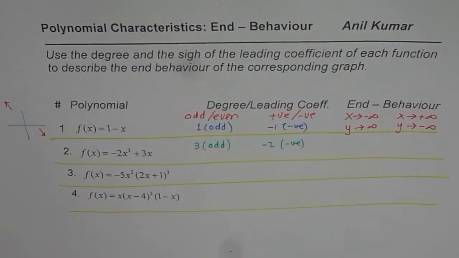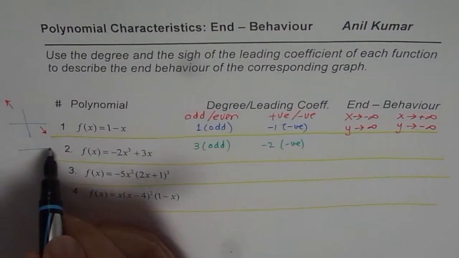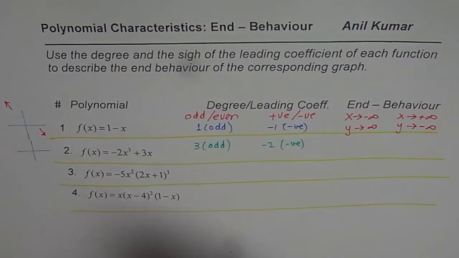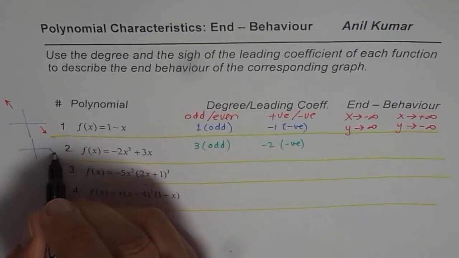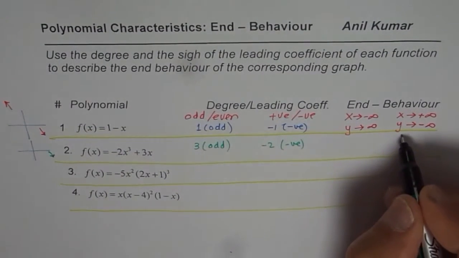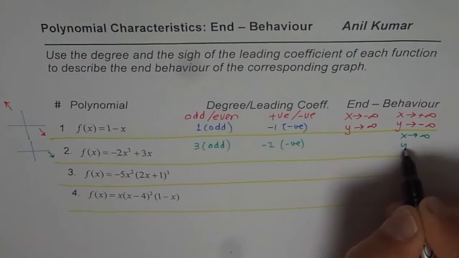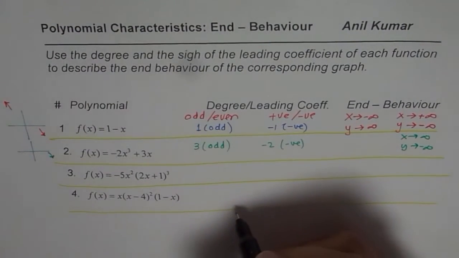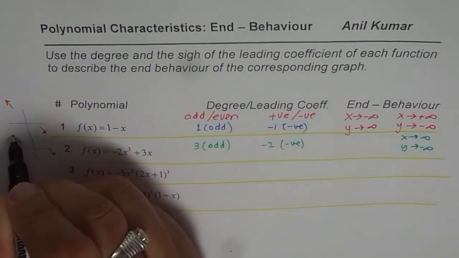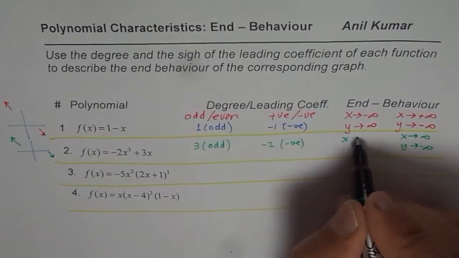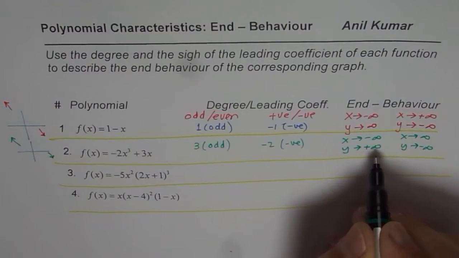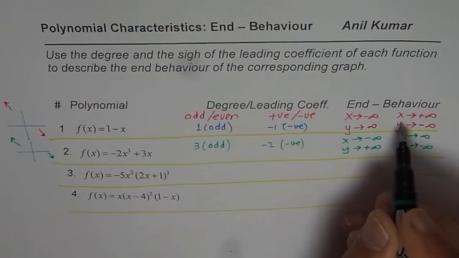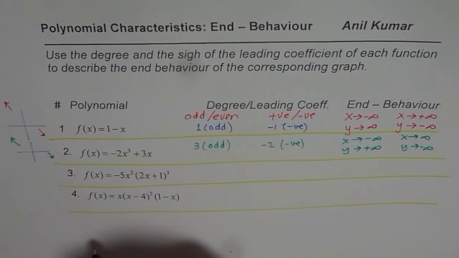On the graph of the function, this is negative, means the graph will be going kind of like this. That means when x approaches positive infinity, y approaches negative infinity. Odd means opposite ends. That means when x approaches negative infinity, y approaches positive infinity. So that is how you get characteristics of end behavior from the equation.